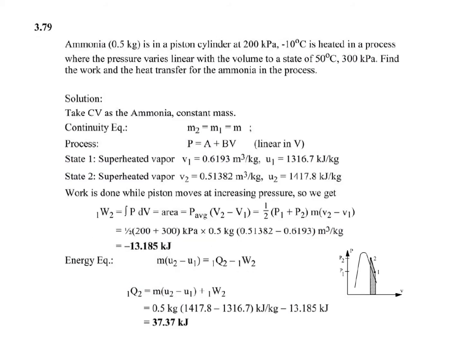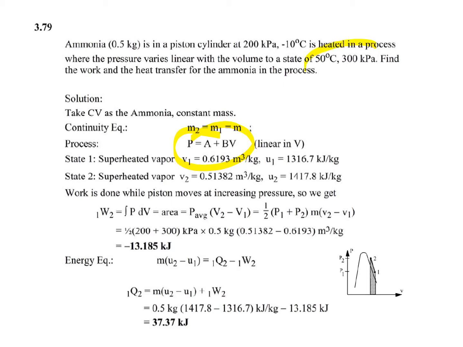Now the question is: half a kg of ammonia is in a piston cylinder assembly at 200 kilopascal and minus 10 degrees centigrade. It is heated in a process where the pressure varies linearly with the volume, so it's again the same as we discussed in a slide previous to the last one, with the states at 50 degrees centigrade and 300 kilopascal.